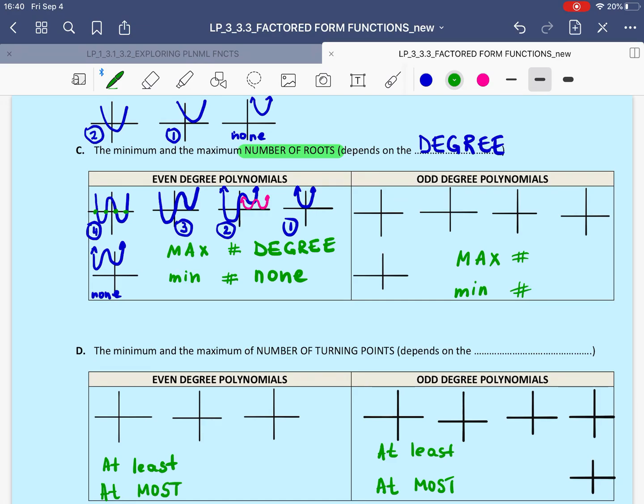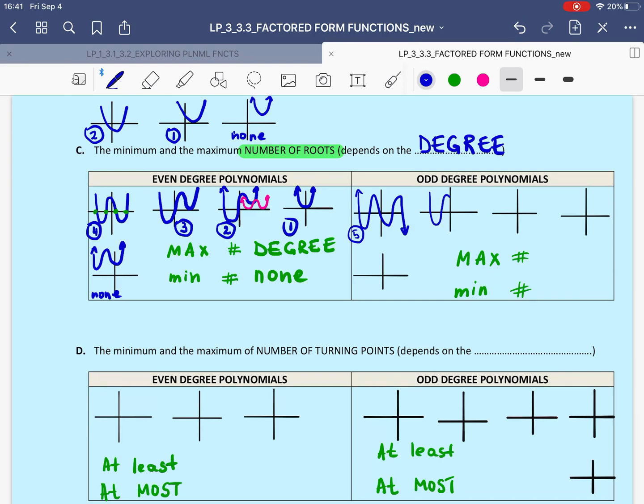In odd degree polynomial functions, as an example, I'm going to take a 5th degree polynomial function. We can have graphs of a 5th degree function with 5 roots. Here we go. 1, 2, 3, 4, 5. So going down. So that's 5 roots. So the maximum number of roots is 5.